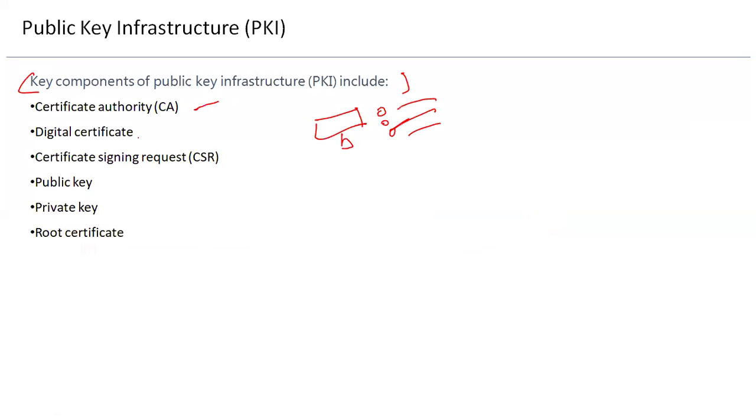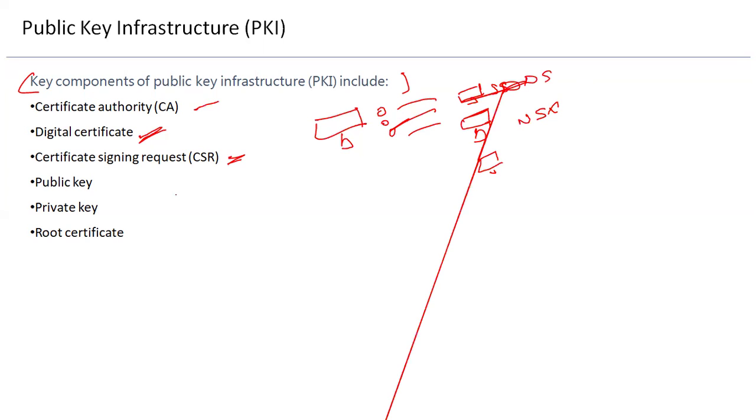Then the actual digital certificate that is assigned by the certificate authority to the VCF component. Then the certificate sign request, primarily created by your VCF component. It could be your SDDC Manager, NSX, vCenter Server, or maybe your ESXi host as well.